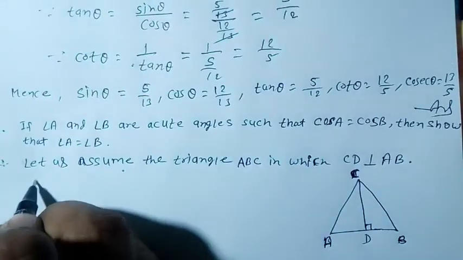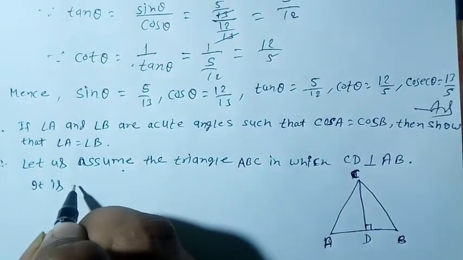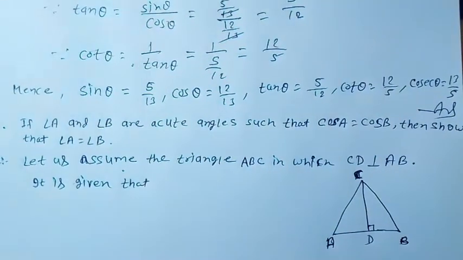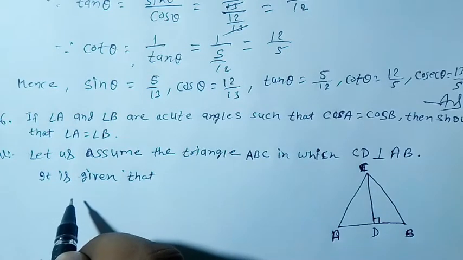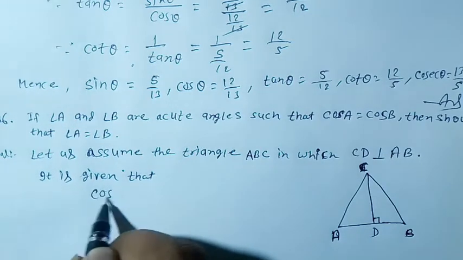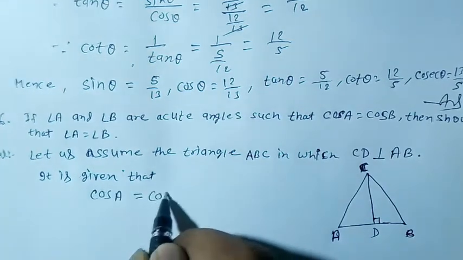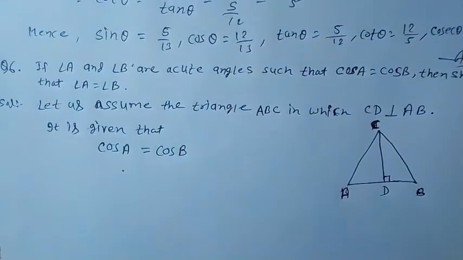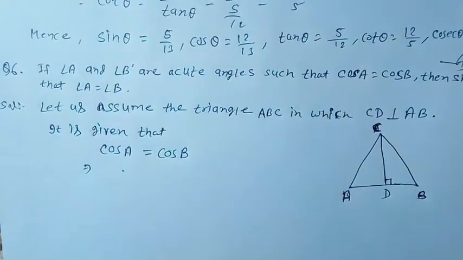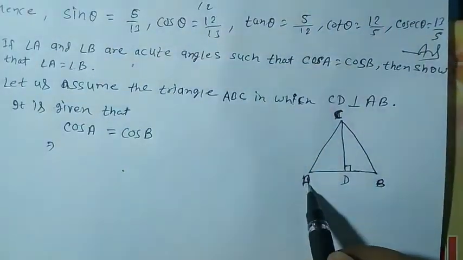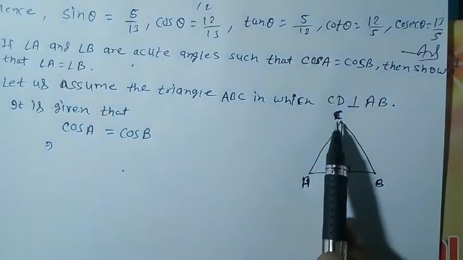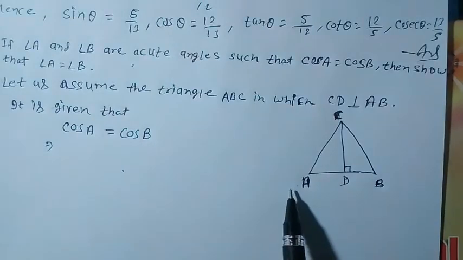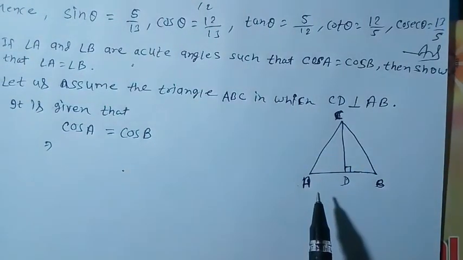Now it is given that cos A is equal to cos B. This implies for the right triangle CDA, cos A is equal to base by hypotenuse.